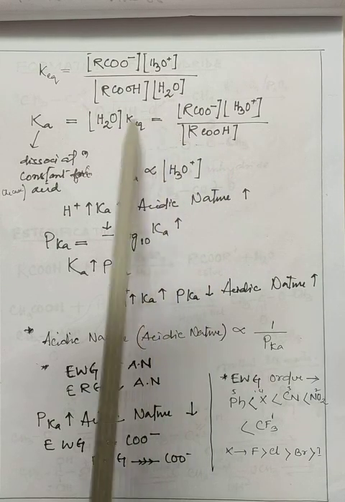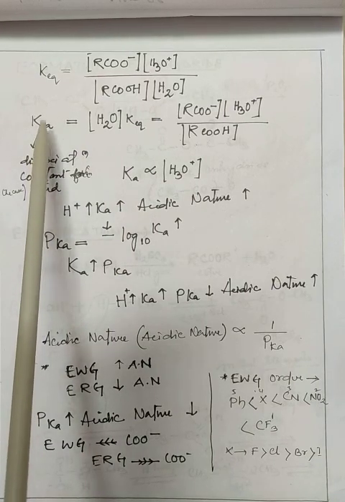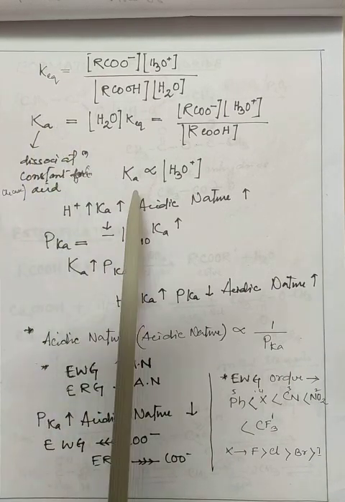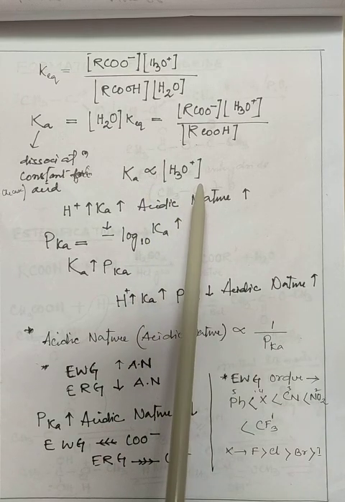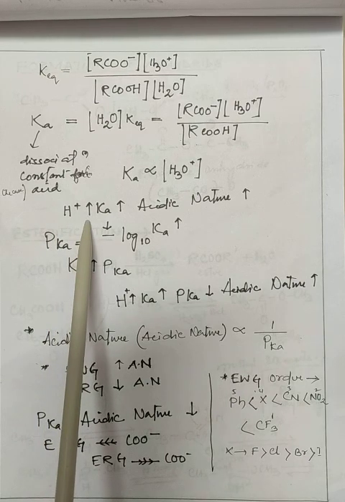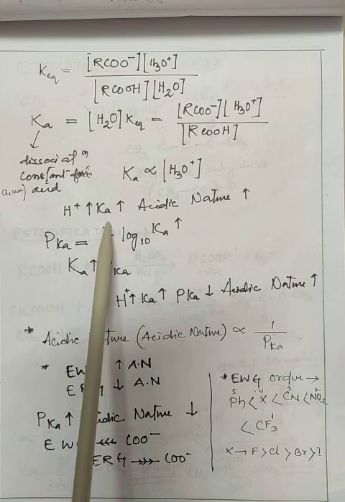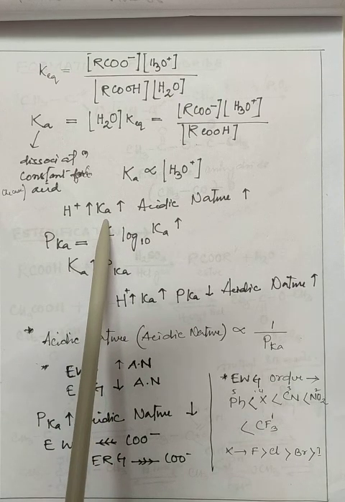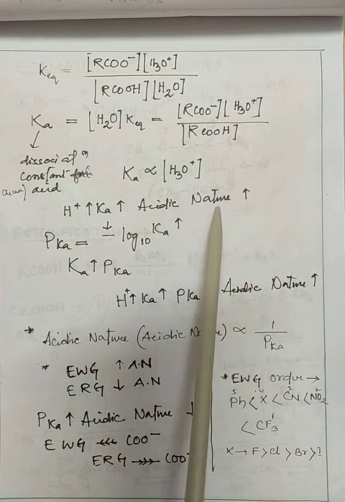So this is equivalent to this. That means the dissociation constant for acid is directly proportional to the hydronium ion. If the hydrogen ion concentration is increased, then the dissociation constant also increases. If the dissociation constant for acid is increased, then the acidic nature also increases.